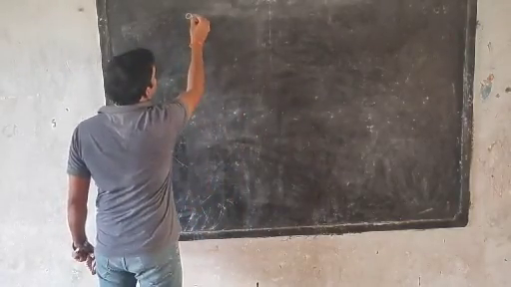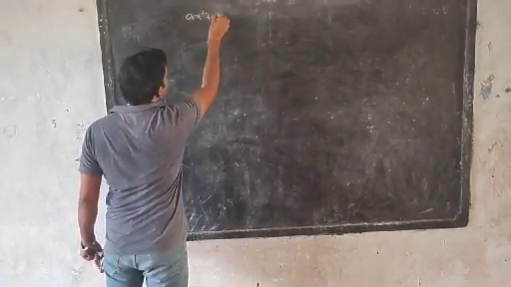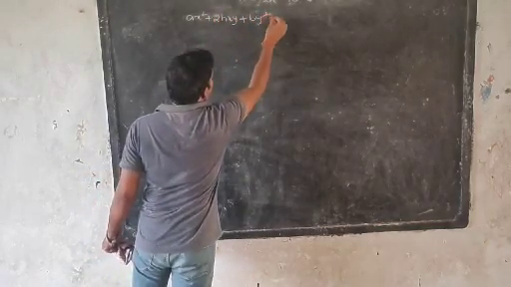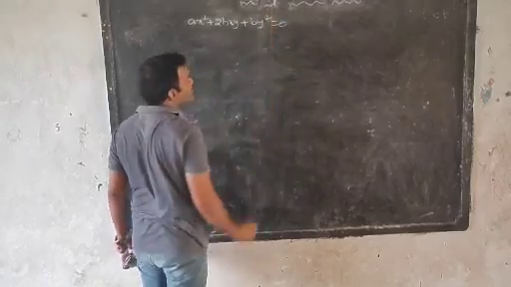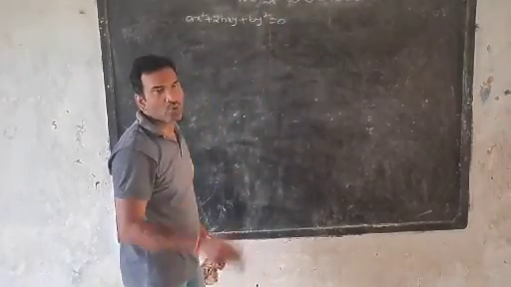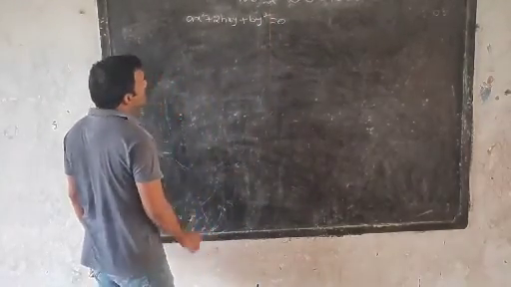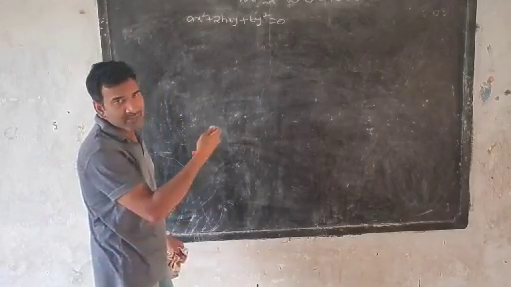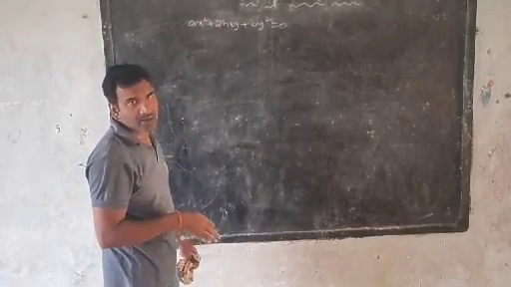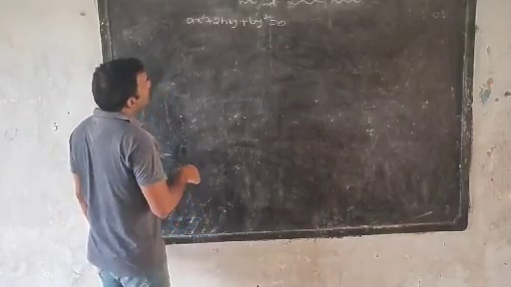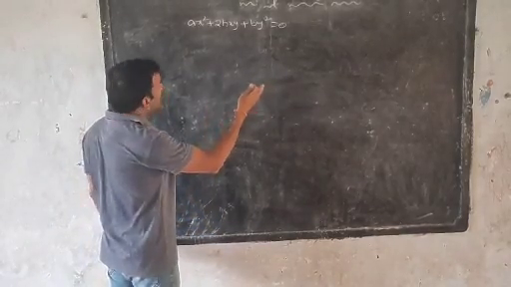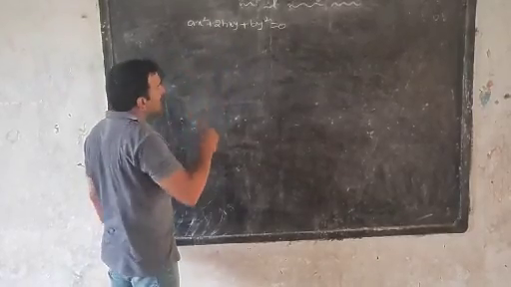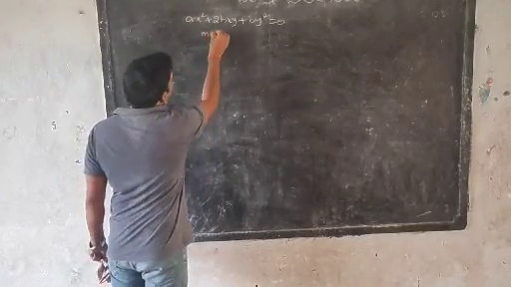First I am considering the standard form ax square plus 2hxy plus by square equal to 0. Now I have to split this equation into two straight lines. Here I am giving the very simple procedure. To split this into two straight lines, first you have to multiply this total equation by small a.